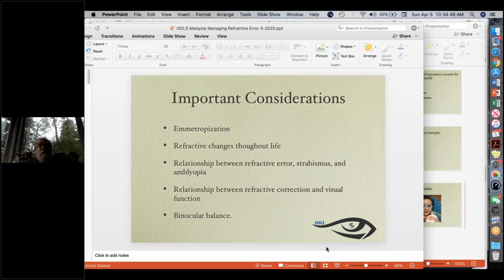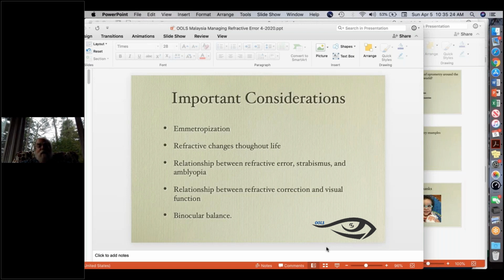Final point I'll make here is always consider binocular balance as a critical element in the correction of refractive error. I mentioned the issue of correcting anisometropia, and that's really what I'm talking about here. Unless you've got a good technique of being able to ensure that you are properly correcting the difference in spherical component between the two eyes, you need to pay a whole lot of attention to that, because if you don't do that properly, you can mess things up.